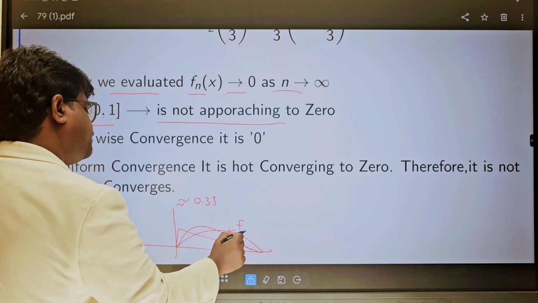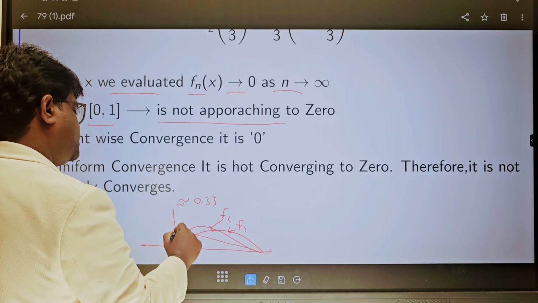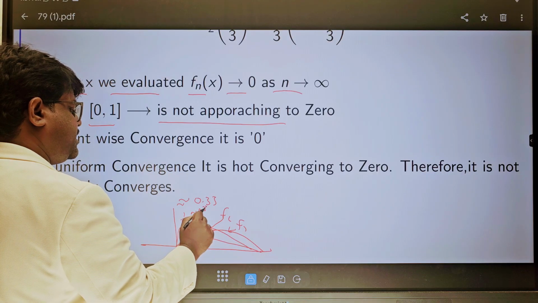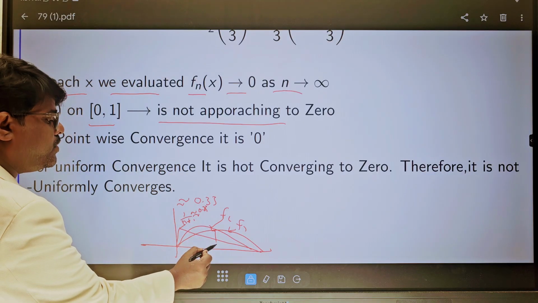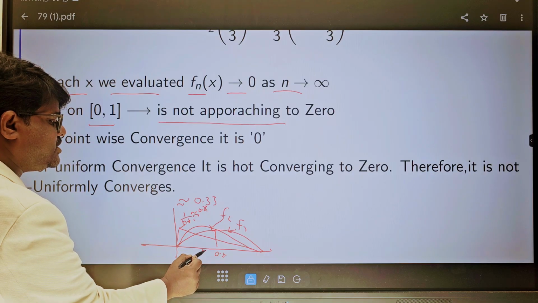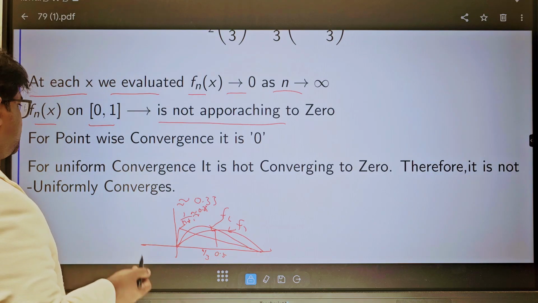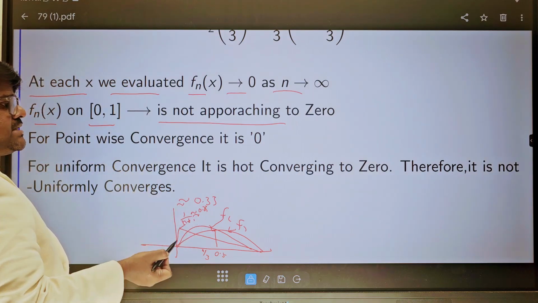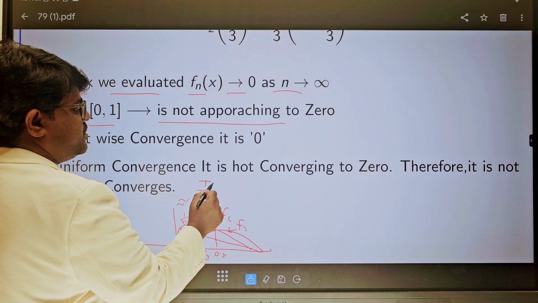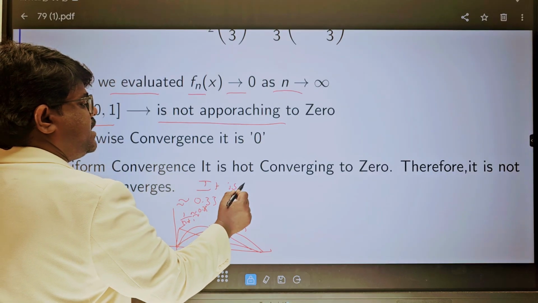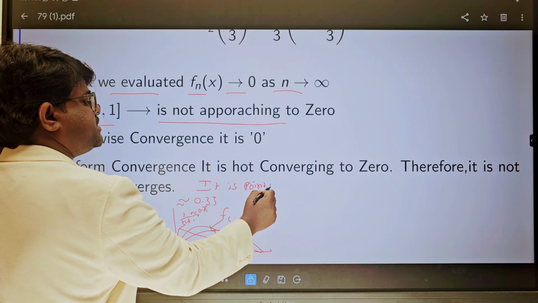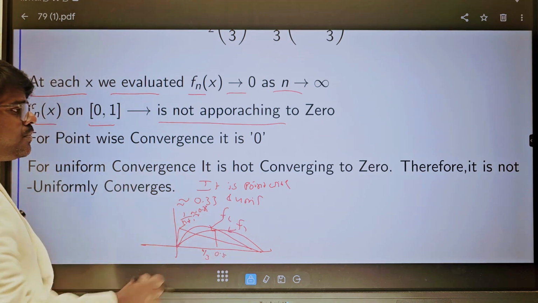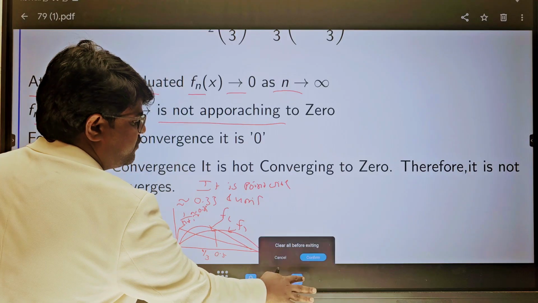This is f1, this is f2, this is 1 divided by n plus 1, this is nearly equal to 0.33, and this value is 0.5, and this stationary point is 1 by 3. So what we conclude is that it is a pointwise convergence. We have proved already it is a pointwise convergence, but it is not uniform convergence because it is not approaching 0. It is not a uniform convergence.